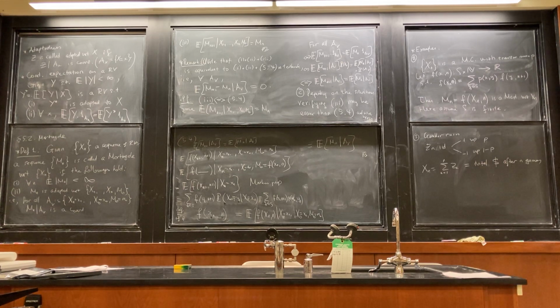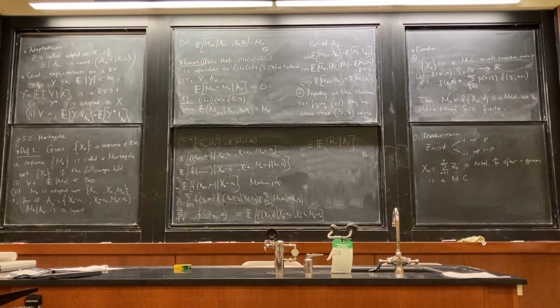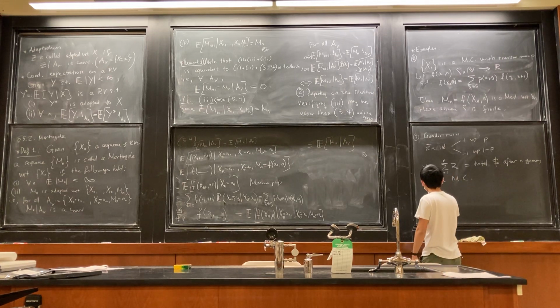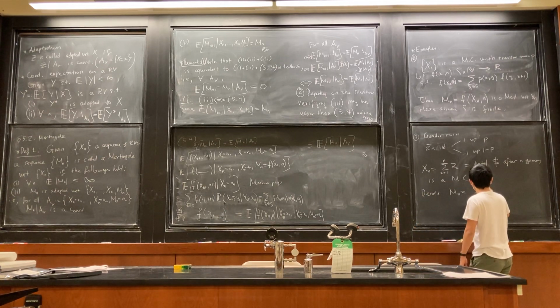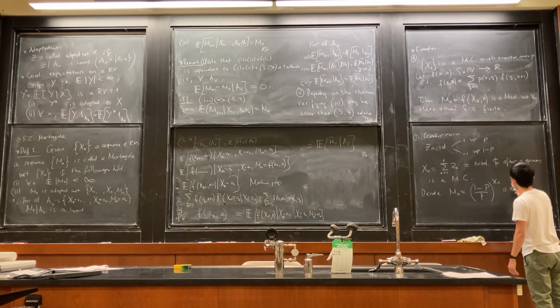So I hope you guys still remember this is basically just a Markov chain. Okay. Now let me denote f as 1 minus P. So the claim is that this is a martingale with respect to the past.